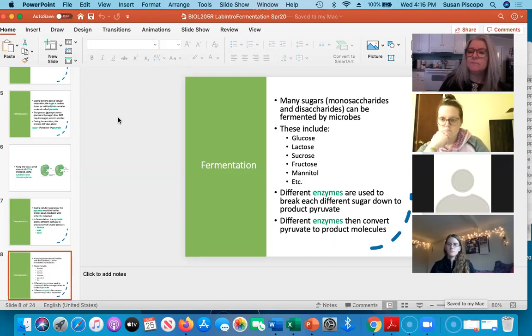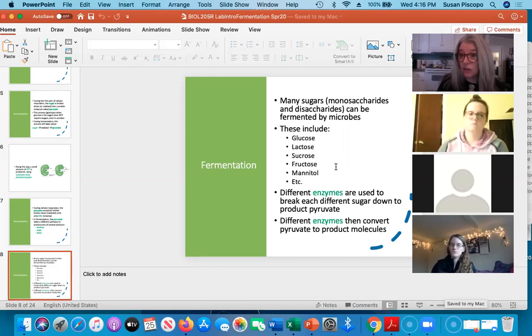So there are lots of different pathways of fermentation and lots of different sugars that can get fermented. Glucose is certainly a very common one. Lactose is also very common. Sucrose is on the list. Fructose is on the list. Here's mannitol. Remember in mannitol salt agar, the salt is the thing that selects out for Staphylococcus to grow.